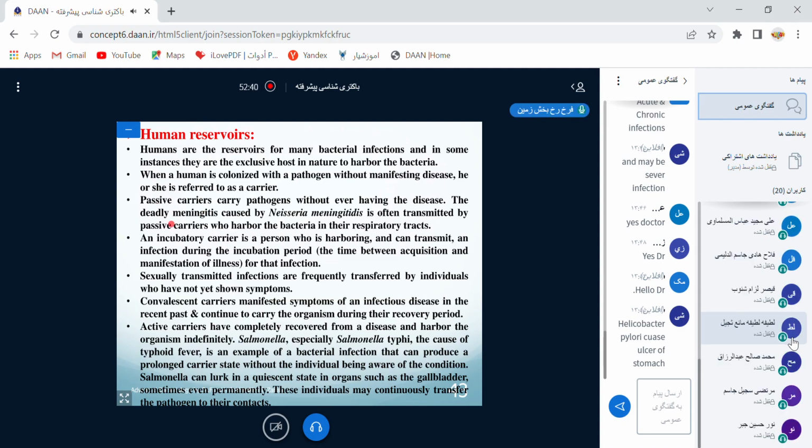For example, the deadly meningitis caused by Neisseria meningitidis is often transmitted by passive carriers. So many people in the world have an infection with Neisseria meningitidis, but they don't have meningitis, and as they don't have signs and symptoms, they don't go to the physician, but at the same time they can transfer Neisseria meningitidis to other people.